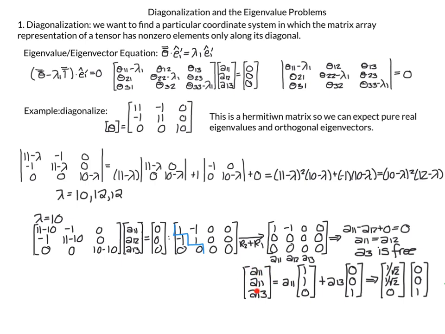So this vector here, A11, A11, A13, is equivalent to A11 times 1, 1, 0 plus A13 times 0, 0, 1, right? So if I multiply and I add, I get this vector here. So that means this is my first basis vector, but I normalize it. This is my second basis vector.